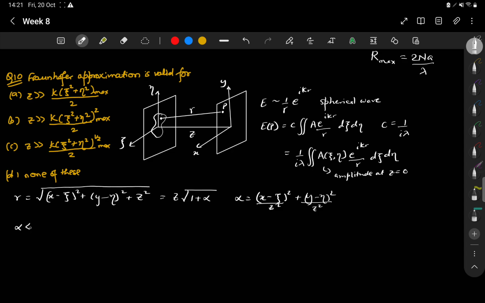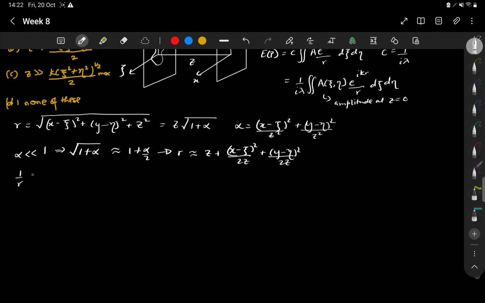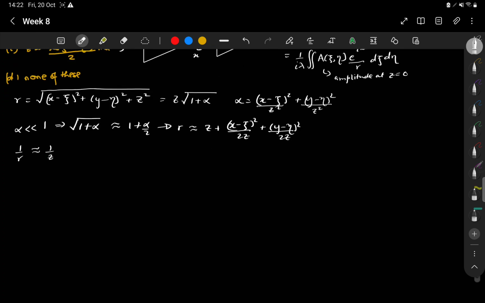Now for very small values of alpha, alpha less than 1, square root of 1 plus alpha is approximately 1 plus alpha by 2. So this gives me r is approximately z plus, and in the denominator I can replace 1 over r as approximately 1 over z. So this gives me the electric field at the point P, (x, y, z).